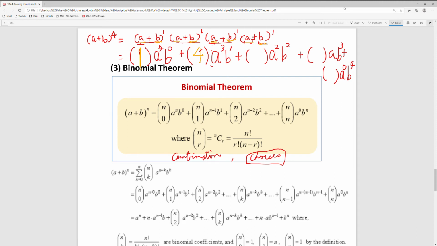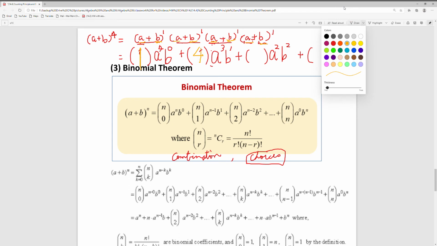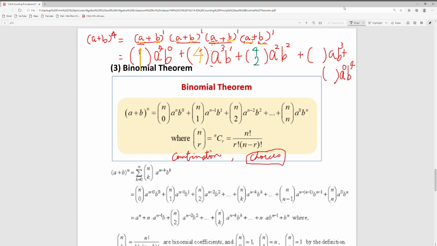Now, since we are not going to do permutation, basically, out of 4, you choose 2 b's. Out of 4, you choose 3 b's. Out of 4, you choose 4 b's. And here, out of 4, you choose 1 b. Out of 4, you choose 0 b's, because if you choose all the a's, it means you choose 0 b's. So for the formula, you could follow 4, 3, 2, 1, 0, or you could follow the b's degree: 0, 1, 2, 3, 4.